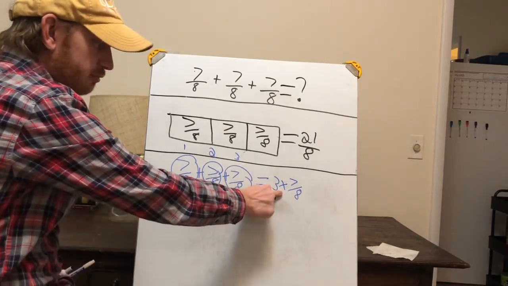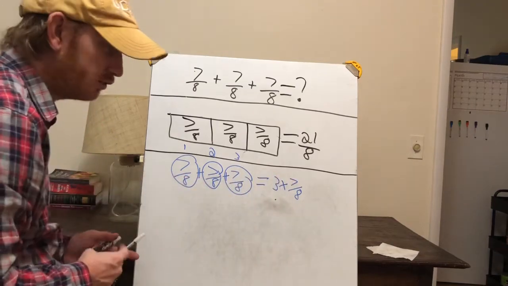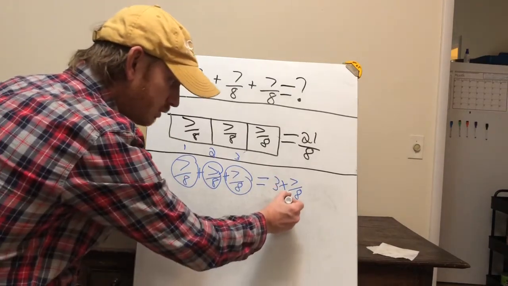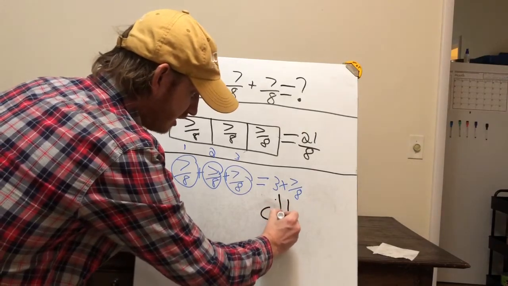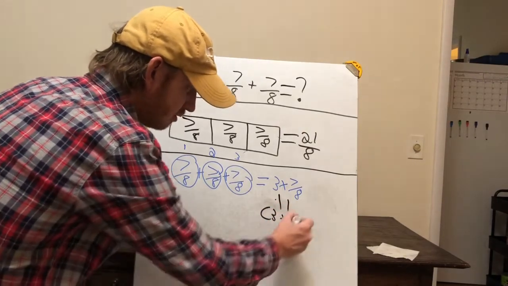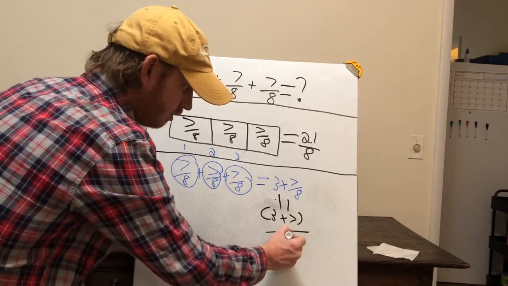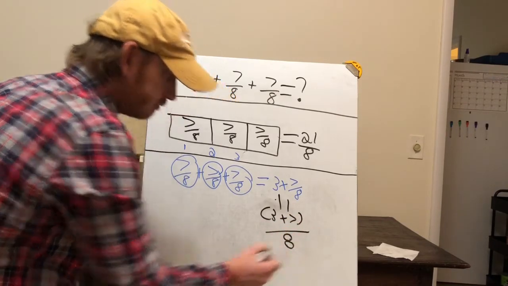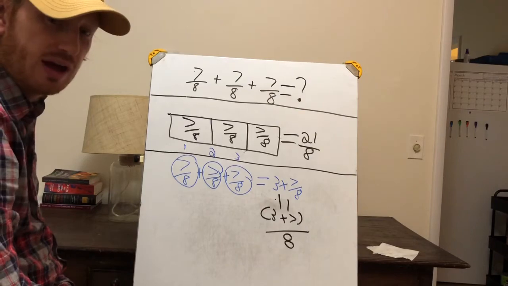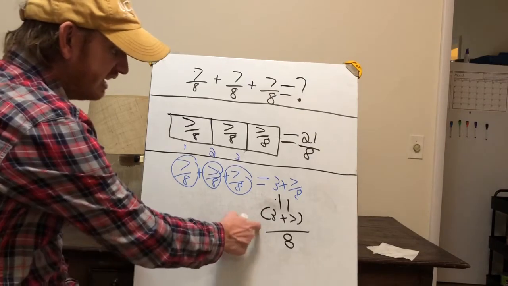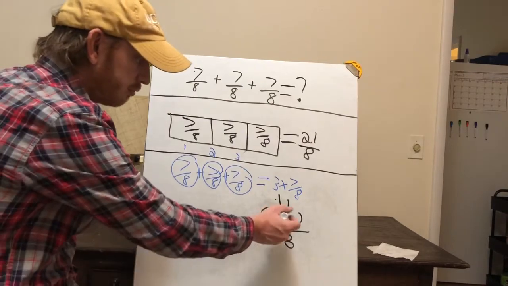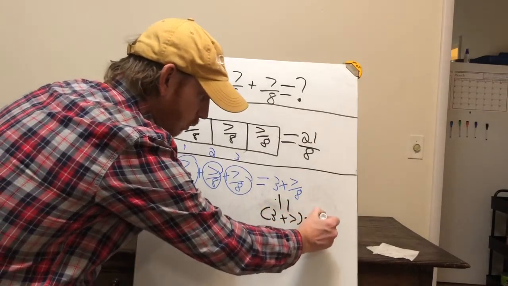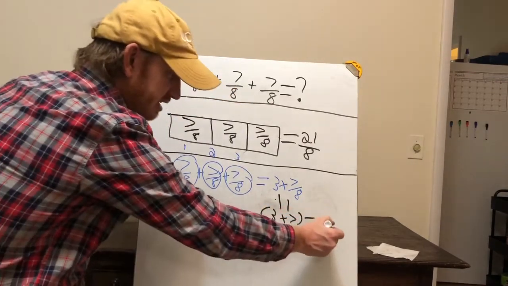So 3 times 7 over 8 is equal to 3 times 7 over 8. And if that's the case, then this answer should come out to be the same as this. Well, 3 times 7 is 21, and 8 stays the same.